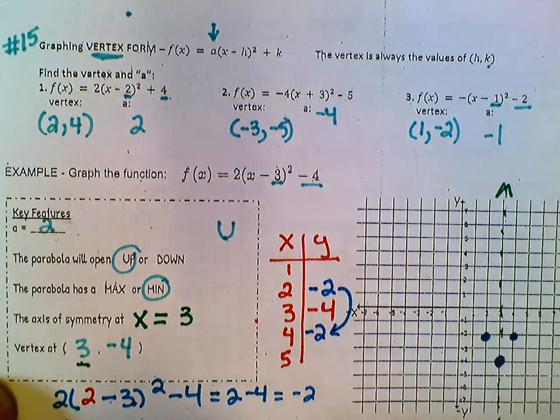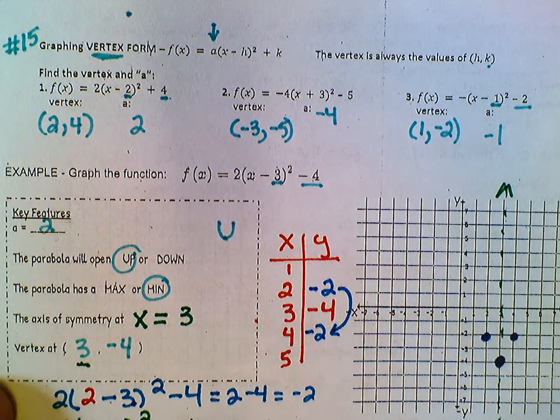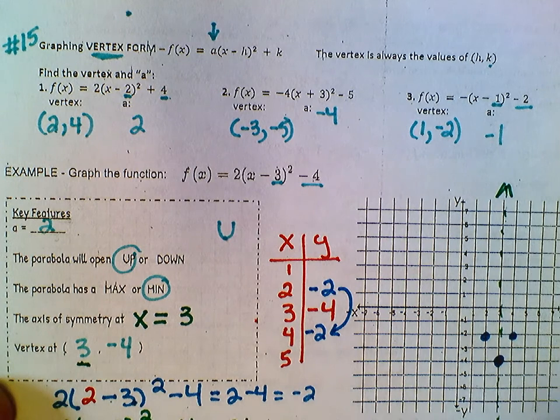So if I use 1 minus 3 squared minus 4, 1 minus 3 is -2 squared. -2 squared is 4, and 2 times 4 is 8. 8 minus 4 is 4.